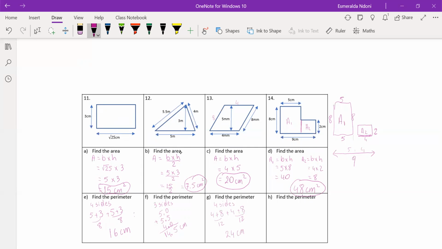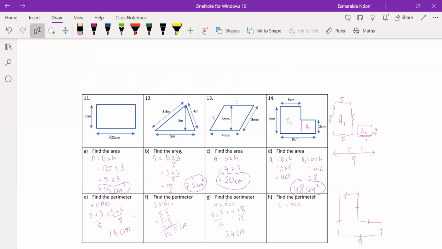We are on to our last question. So we have to go around this L shape. I'm going to draw that again on the side here, so then we don't get confused. We have 1, 2, 3, 4, 5, 6 sides to this shape. Because we have 6 sides, we need 6 numbers to add up. So the number at the bottom is 9.